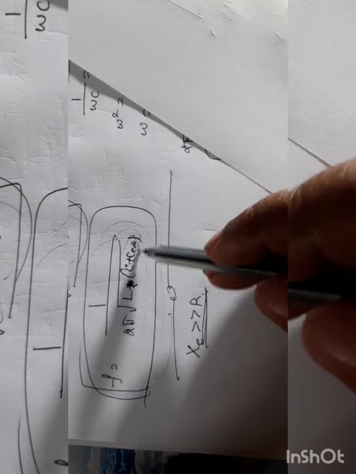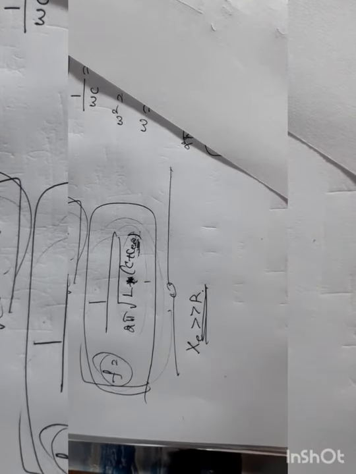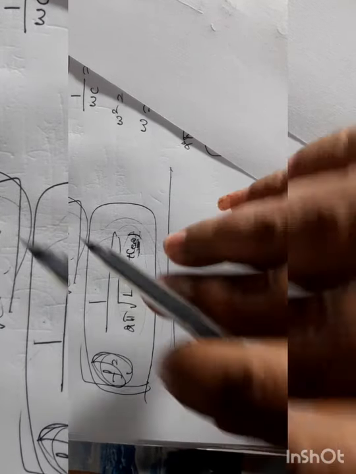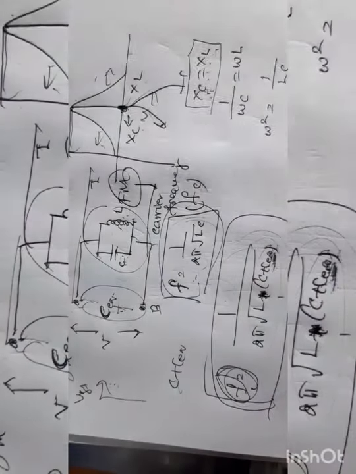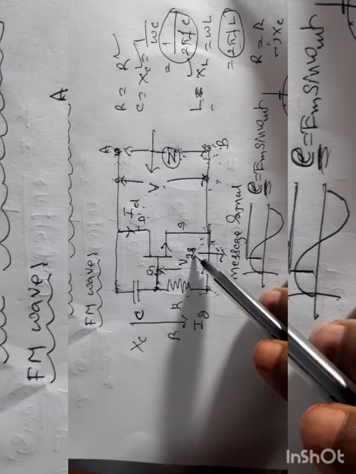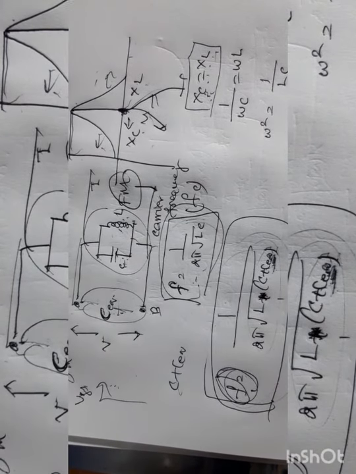From this expression, as C equivalent changes, the ratio changes, that is, frequency also changes. Therefore, we can say that the frequency F of the output of the tank circuit changes in accordance with the voltage applied between these two, that is the message signal. This is our frequency modulated wave.